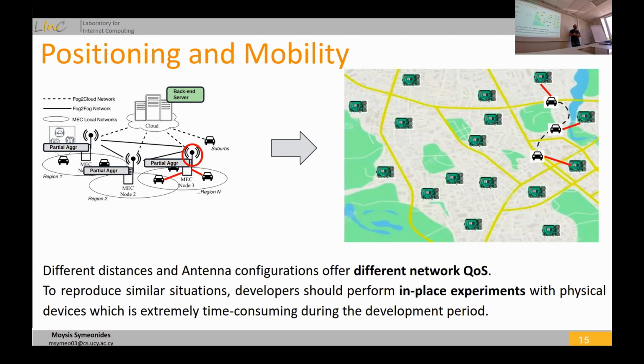So developers, in order to evaluate their applications, need to perform multiple trials, even at the real field. So think about the use case that the developer would like to evaluate an application and needs to rerun the same route with the car in order to find the performance of his or her application.